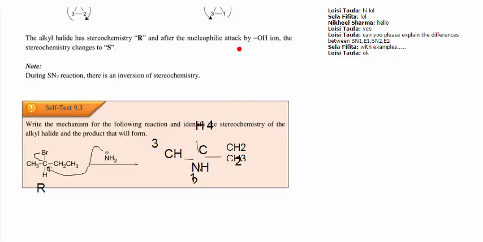So if you draw an arrow from 1 to 3, you'll see that it goes counterclockwise. So again, it's an inversion. It goes from R to S. Yes, SN2 will always have one product.